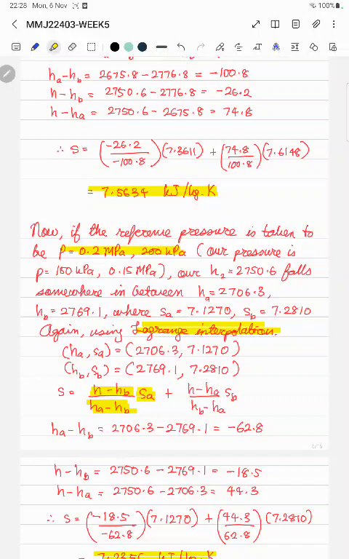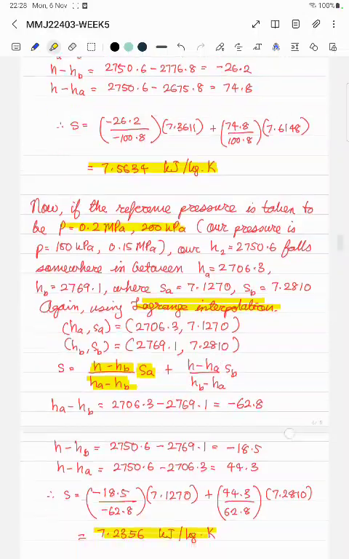So in a way, it's a much more intuitive and clear view of how to do interpolation.